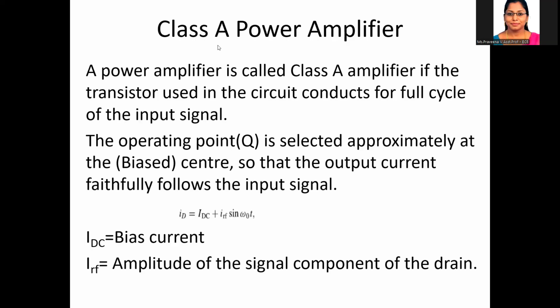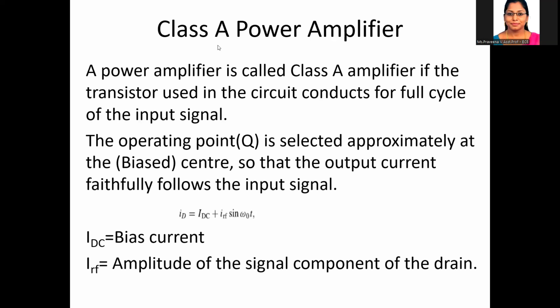Let us see the overview. The Class A amplifier is used if the transistor in the circuit conducts for 360 degrees. The Q point, the operating point or bias point, is selected approximately at the center of the active region of the transistor.